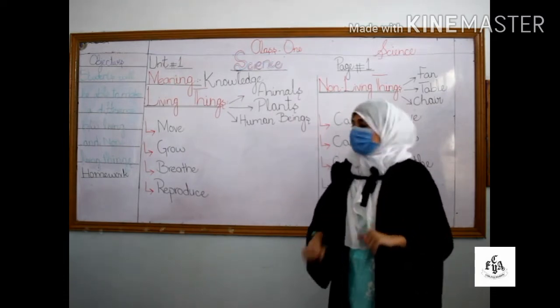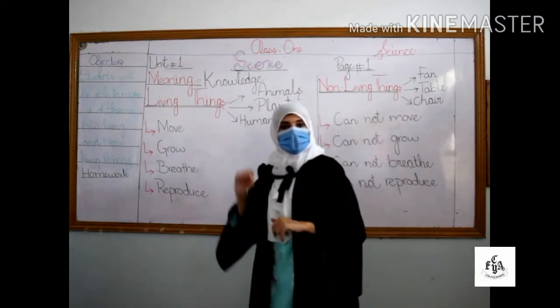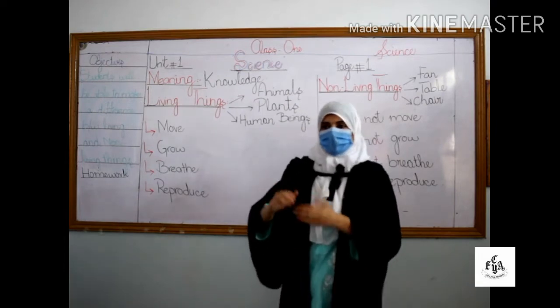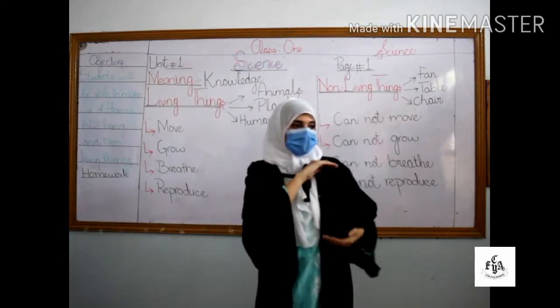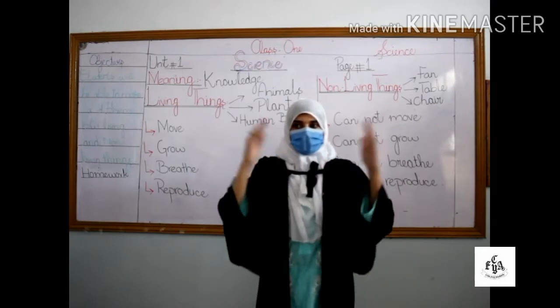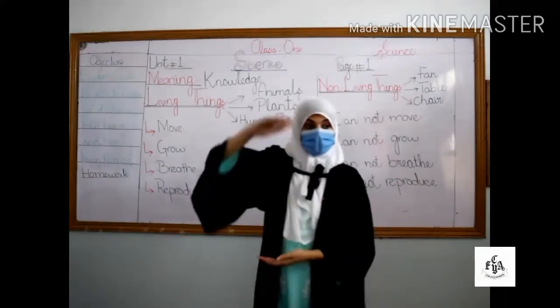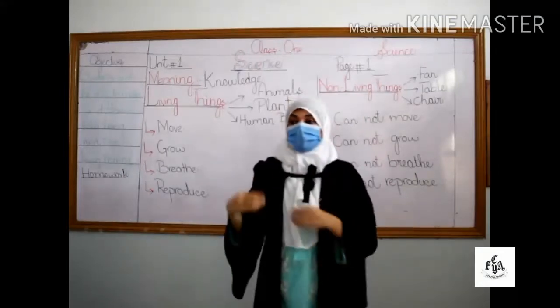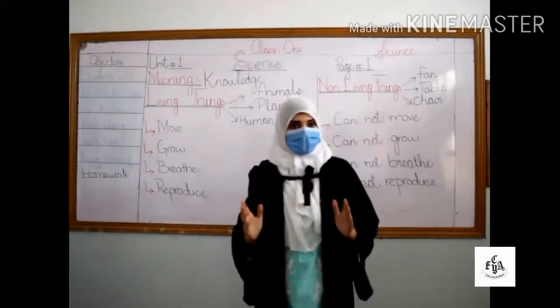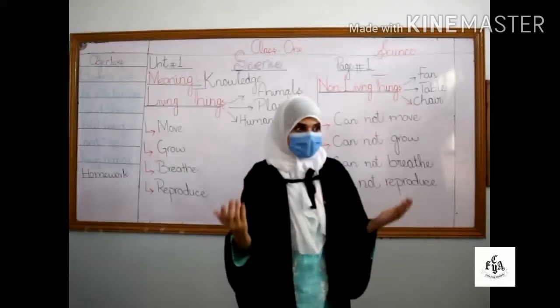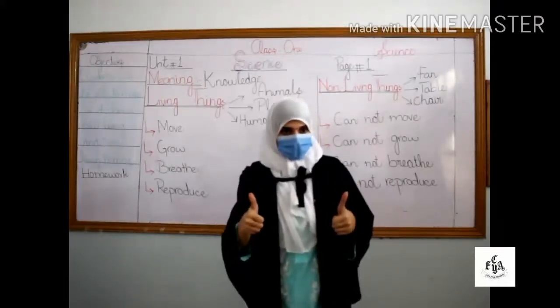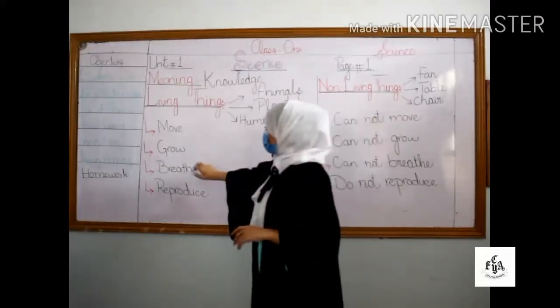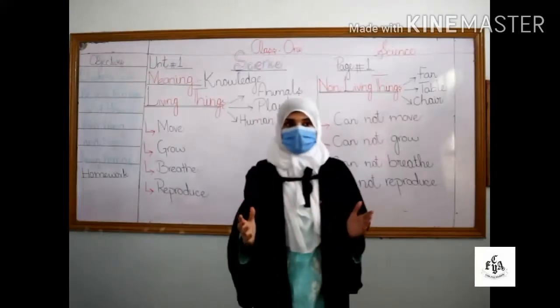Clear? Living things can grow. You're small girls, small boys. With the passage of time, you grow. You become pilots. You become doctors. Clear? You become engineers. Clear? Very good.